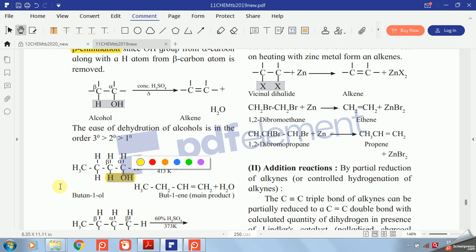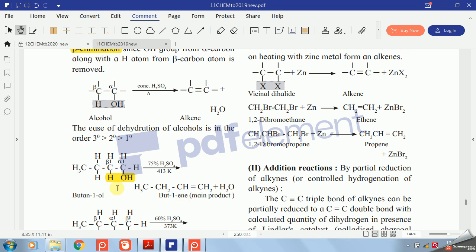Okay, and we get byproduct water and a simple double bond between this alpha and beta carbon. So what do we get? But-1-ene as the main product. The common name is butylene.